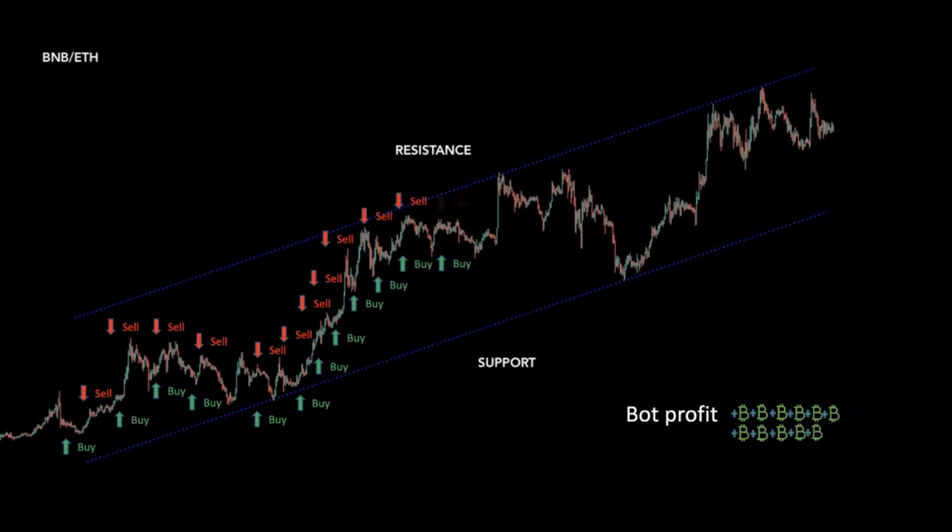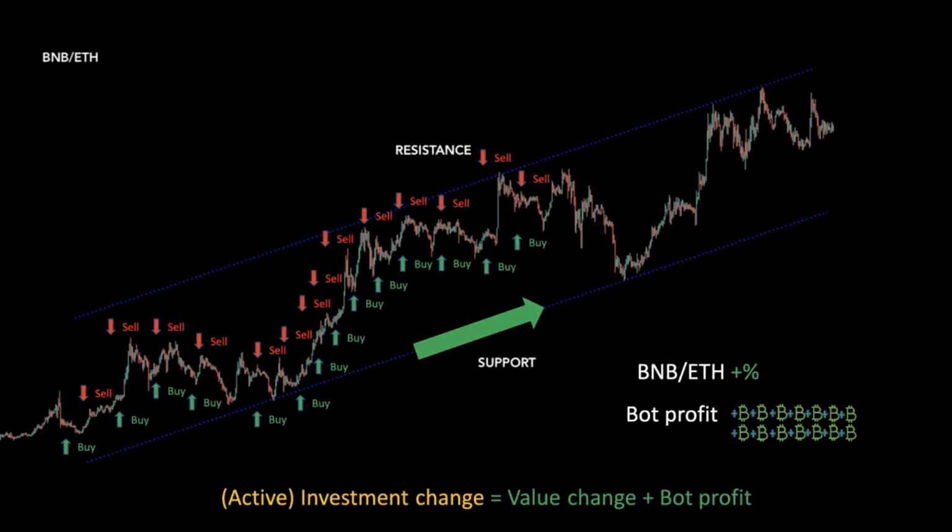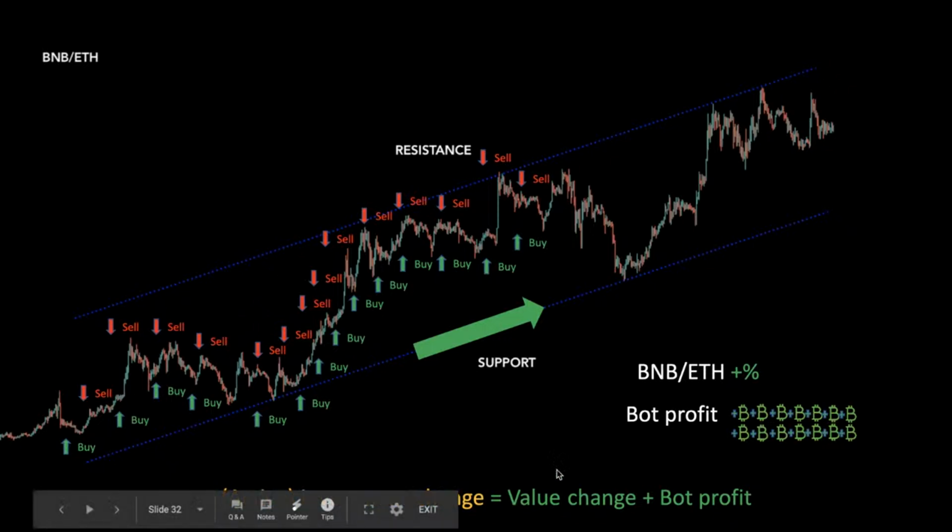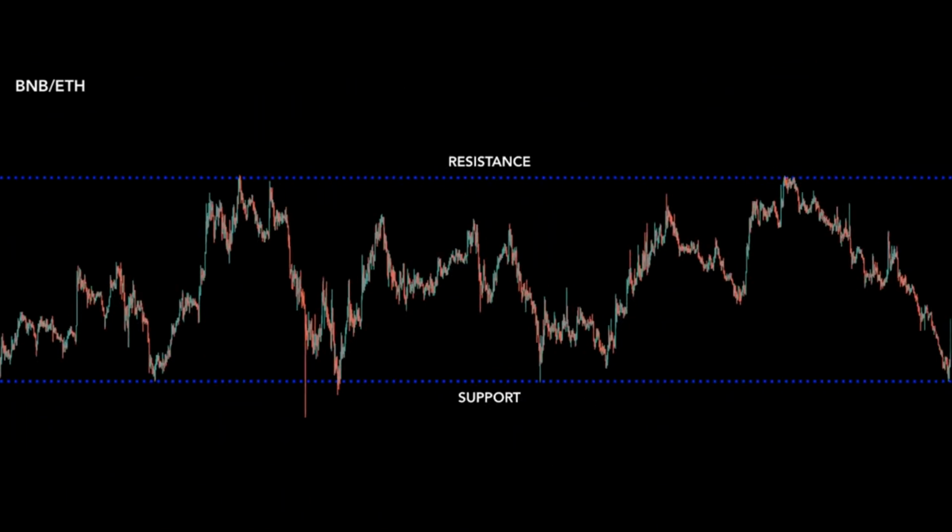That's what we call profit maximization. So that's the active investment change, where you are affected by the value appreciation in this case, and the additional value that the bot brings to you in Ethereum.